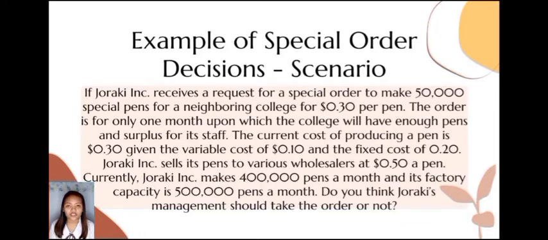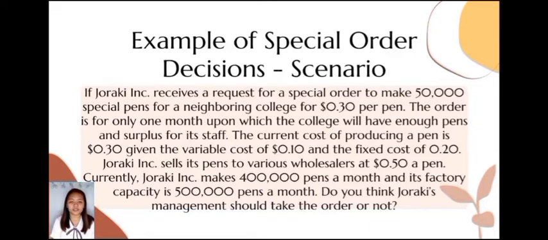Joraki Incorporation sells its pens to various wholesalers at $50 a pen. Currently, Joraki Incorporation makes 400,000 pens per month and its factory capacity is 500,000 pens a month. Do you think Joraki management should take the order?